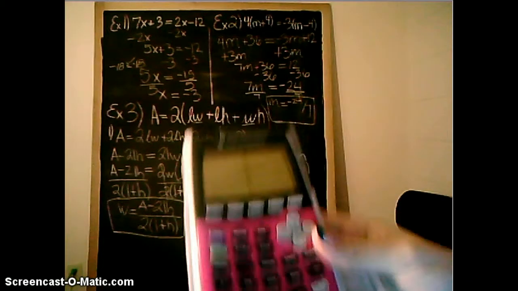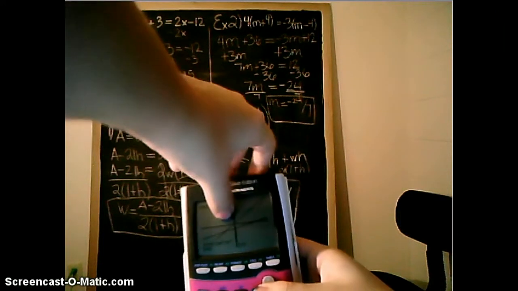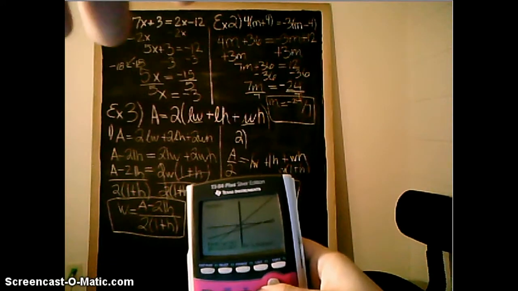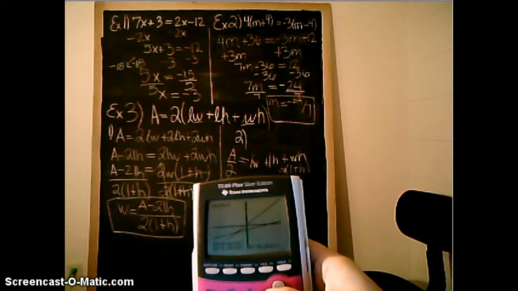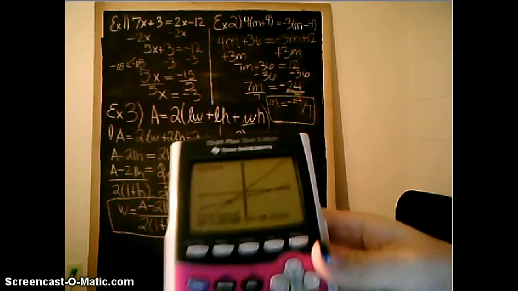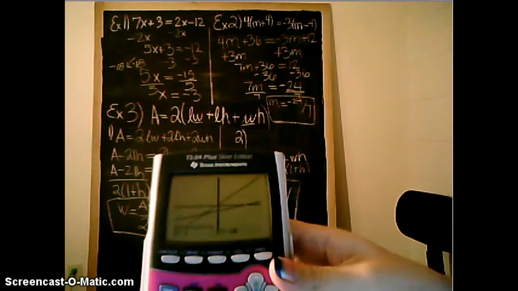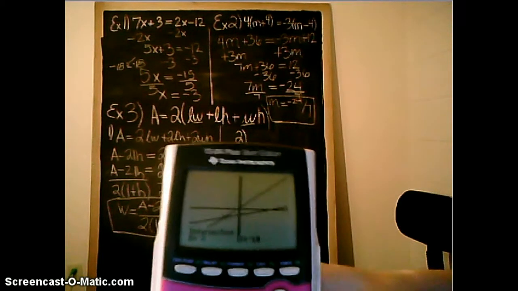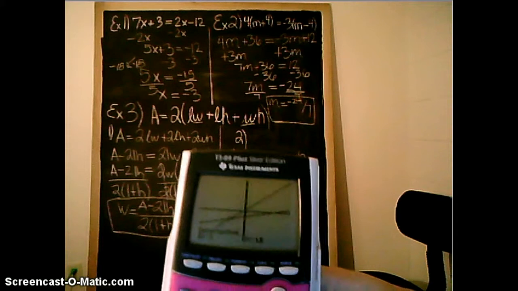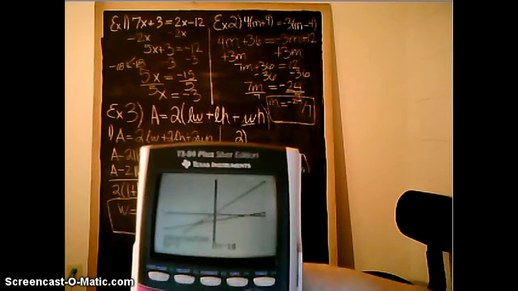And then once you hit that, you're going to get a flashing little dot, and it's up here, but you want to move it down as close as you can to the intersection, and then hit enter 3 times. 1, 2, 3. And there it will give you the intersection, and it says it's at x negative 3, y negative 18.